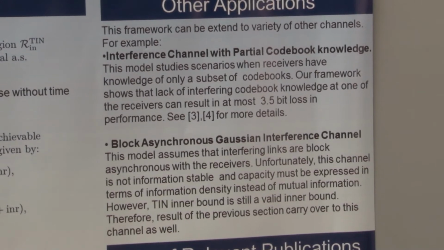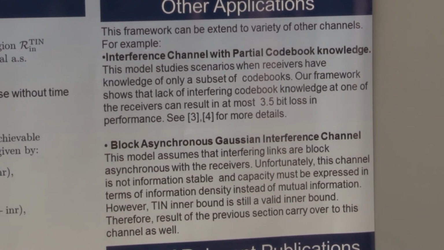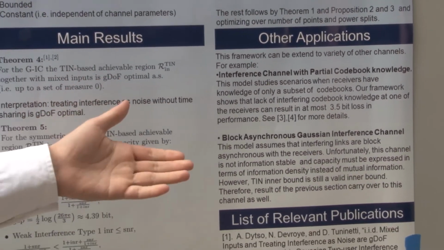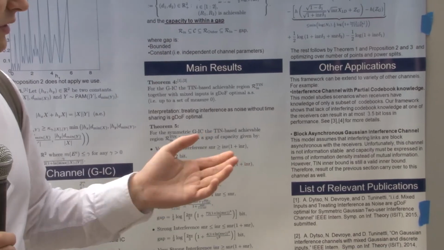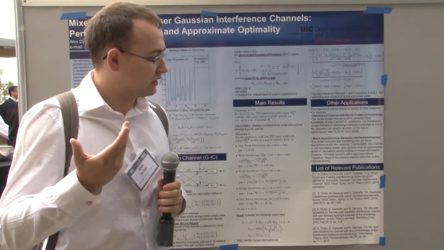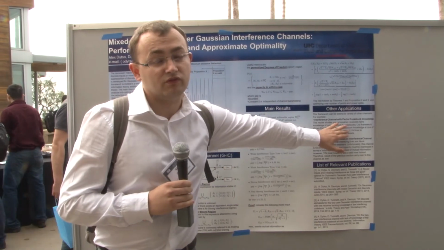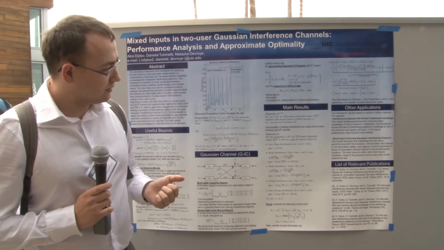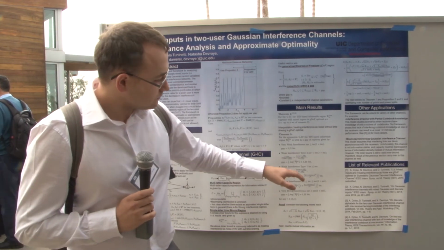For example, they cannot do joint decoding or successive interference cancellation. Since this inner bound applies, we show that the loss when the receivers don't know the codebook is at most 3.5 bits. So not knowing the codebook is not that bad.